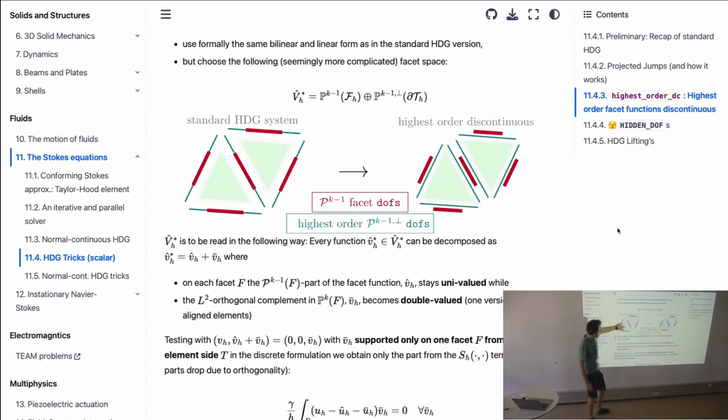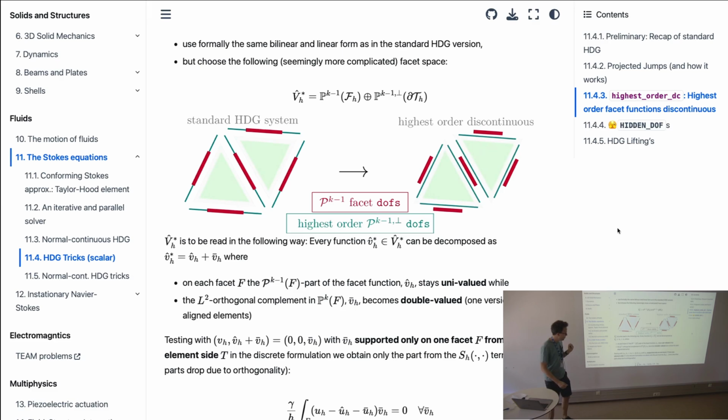And now we can split these up into polynomials up to degree k minus 1, so this is the red one, and the highest order ones, which are polynomials up to degree k but orthogonal to the P^(k-1) degrees of freedom. And now the trick is, if you do this highest order discontinuous, you split up the unknowns on the facet, the highest order ones, so the green ones, into two parts belonging to the two neighboring elements. And then they become local unknowns. So they are no longer associated to the facet, but to the element.